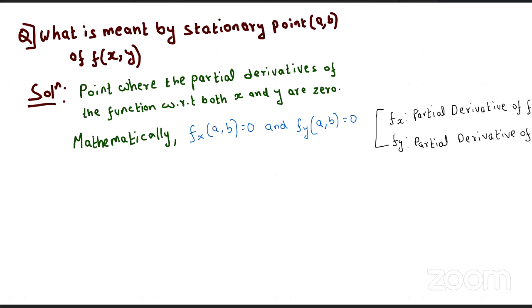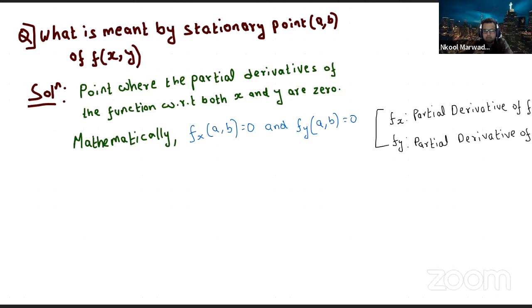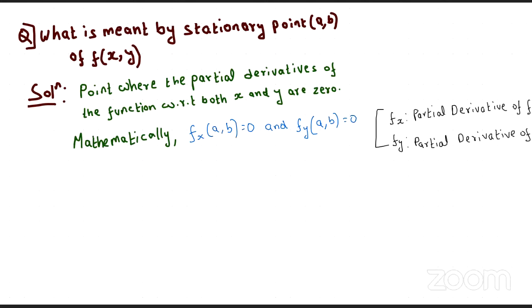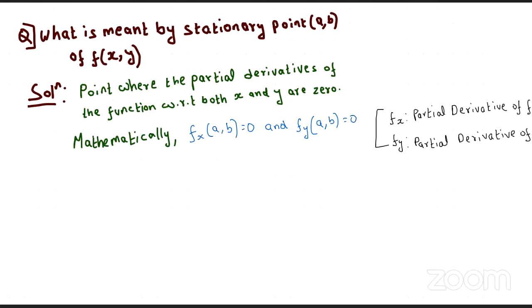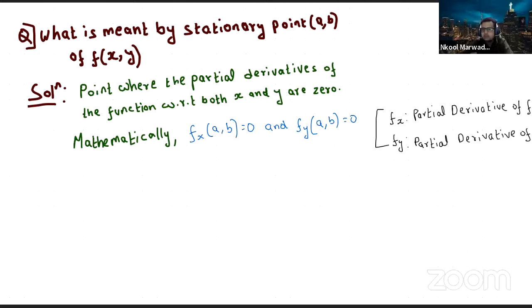Because at the point a comma b, the slope is 0. And if the slope is 0, it means that at that point the function is not changing, hence it is called a stationary point, because at that point the function became stationary.